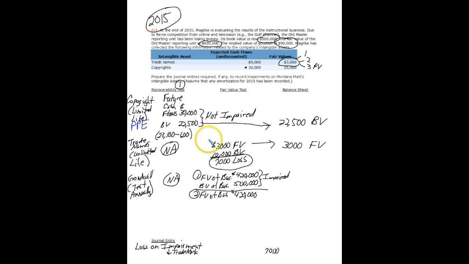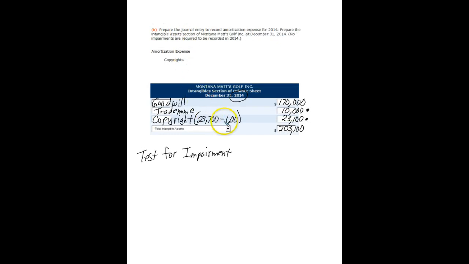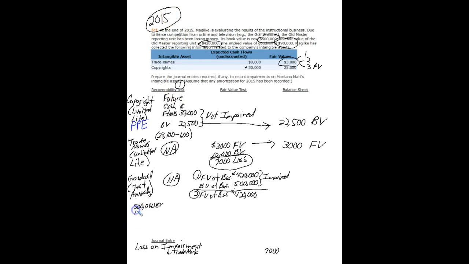So let's go over here. We know book value was $500,000 for everything. So that's book value of everything. And let's go back. We also know the book value of the goodwill is $170,000, what we're carrying it at. So there's our goodwill, and then the net is $330,000 of the net assets.